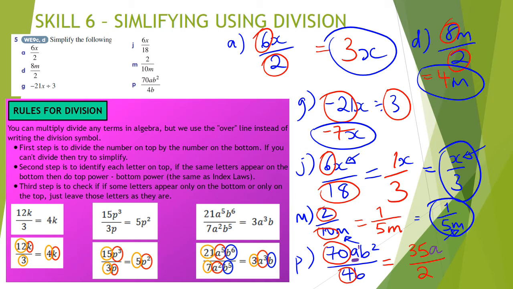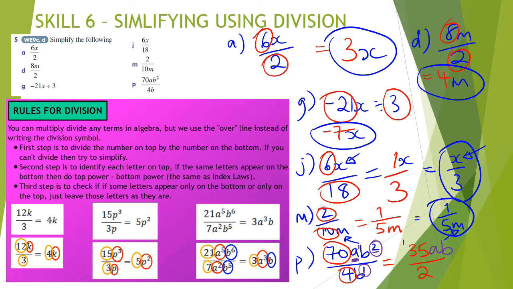We've got b squared on the top and b to the power of 1 on the bottom. What we do when the same letter's on the top and on the bottom, we do the power of the top, subtract the power of the bottom. So in this case, we're doing 2 take away 1. 2 take away 1 is 1, so we're left with b to the power of 1 on the top line, and we don't have to write the power of 1.